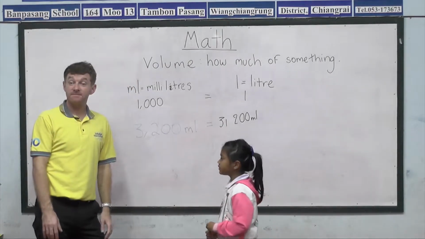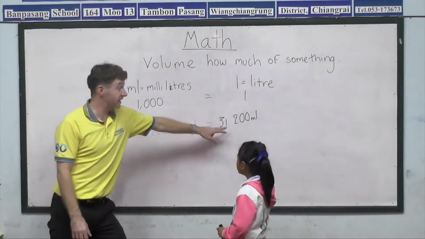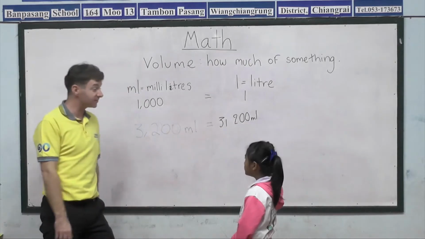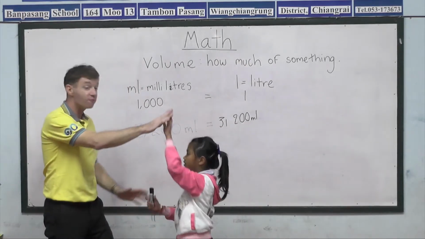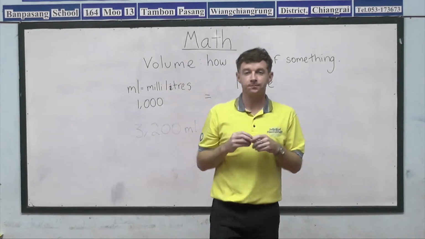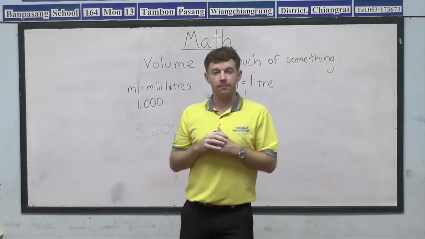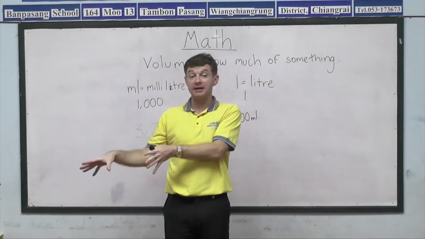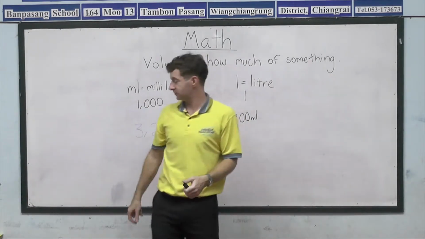Is that right? Yes. 3 litres, 200 milliliters. Excellent. High five. Round of applause for Pat, please. We'll do one more because I think we're getting the hang of it now. We know how to convert milliliters into litres.